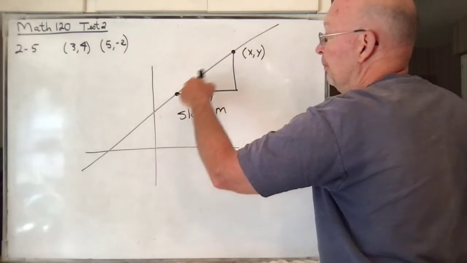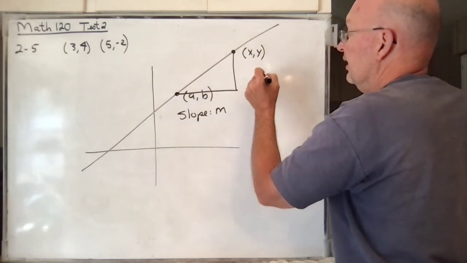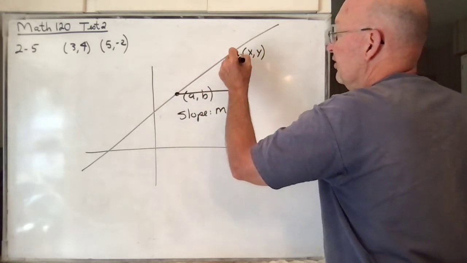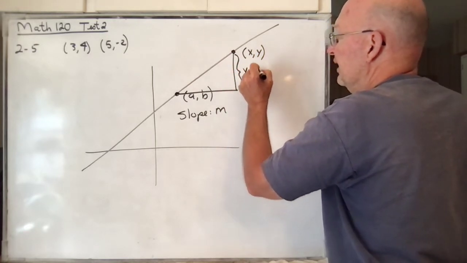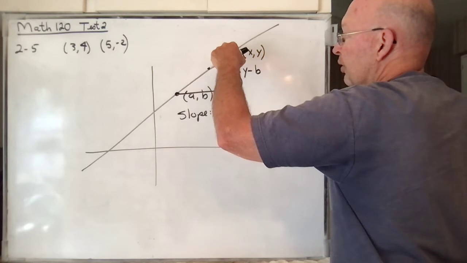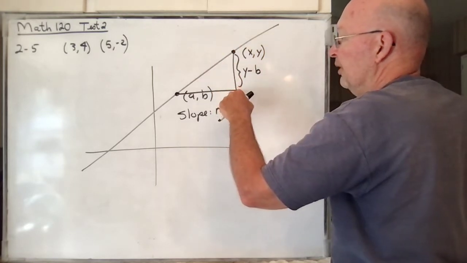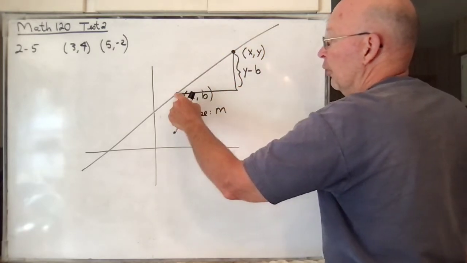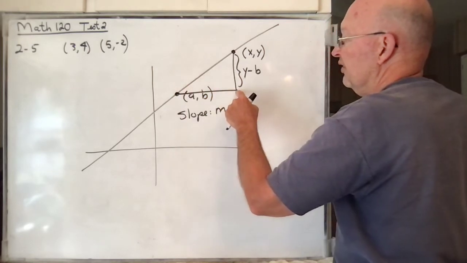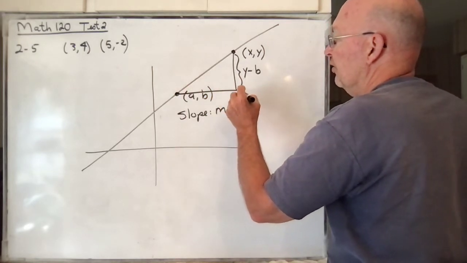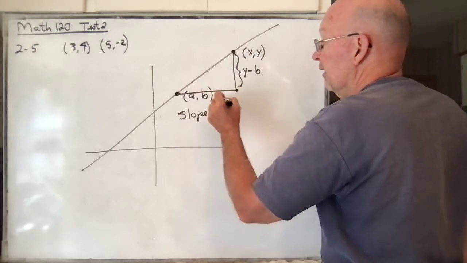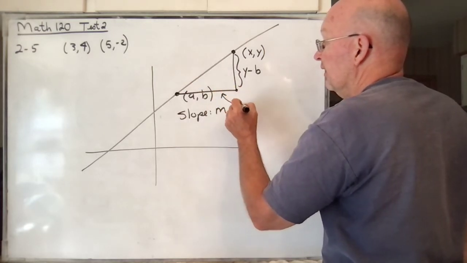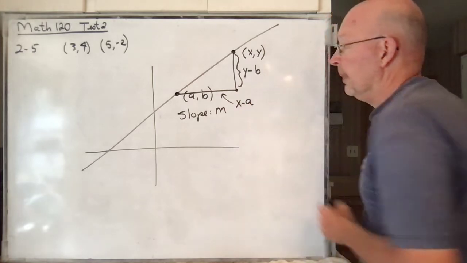So the slope between those 2 points is going to be y, this distance right here is y minus b, because that y coordinate is y and this y coordinate is b. From here to here, it goes from a to this x coordinate, which is x. So from here to here, this difference right there is x minus a.